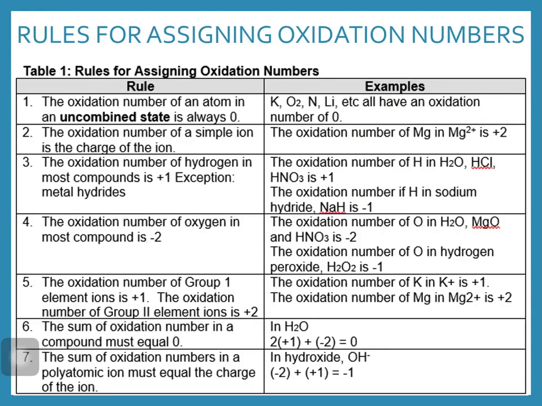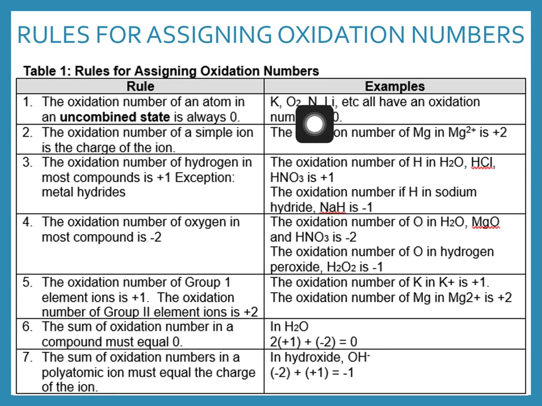Okay, so the rules that we have for assigning oxidation numbers: anything that is on its own, so a potassium atom, the element oxygen, a nitrogen atom, a lithium atom, anything that's completely on its own is going to have an oxidation number of 0.